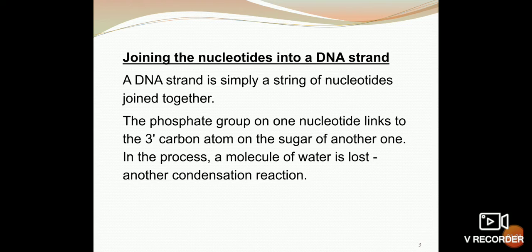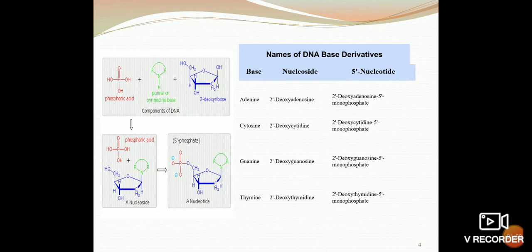So here we see that the deoxyribose sugar moiety at number 3, the 3' carbon, is linked with the phosphoric acid group. In the process, a molecule of water is lost, which is a condensation reaction.